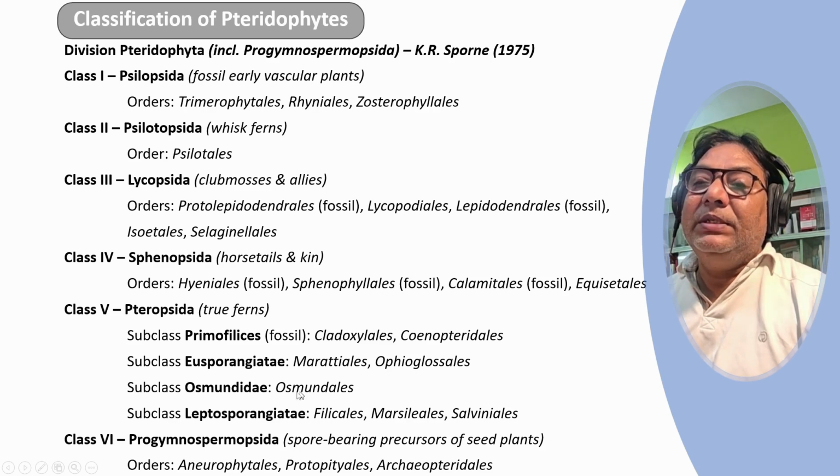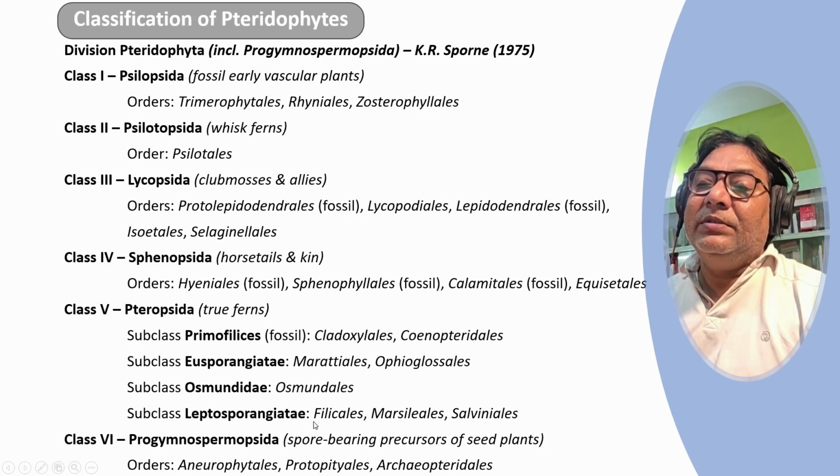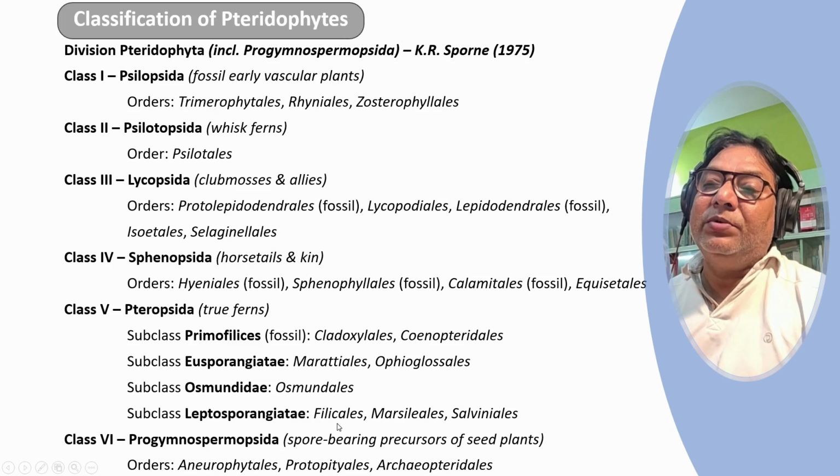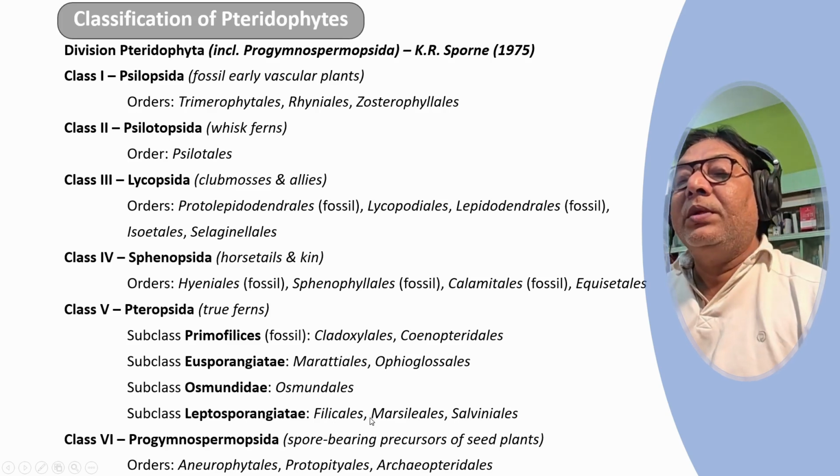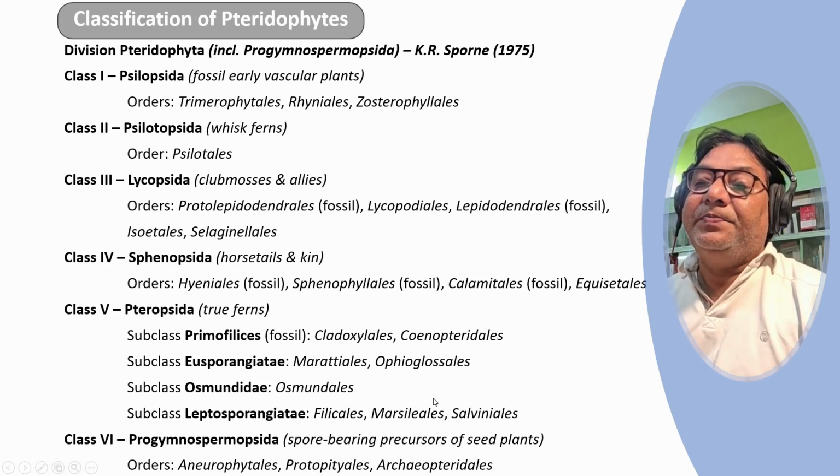These are living. Osmundales is also living. The subclass is Osmundidae. And Leptosporangiatae includes the Filicales, Marsileales, and Salviniales. This Filicales is the true fern group. Dryopteris, Pteris, Cyathea, etc. belong to this Filicales order.